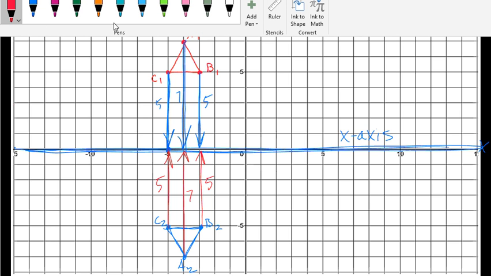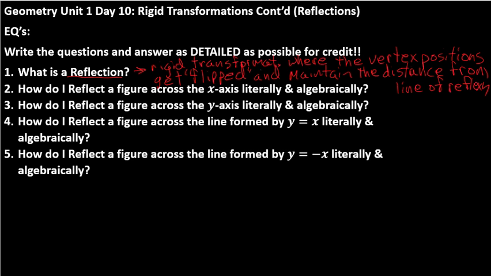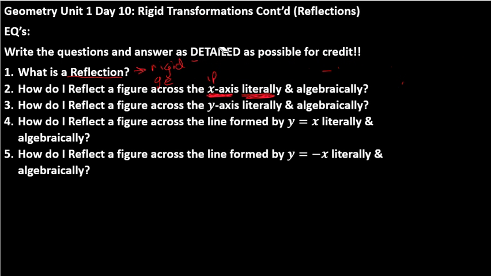So we just did a reflection across the x-axis. So literally, what did I do? How do I reflect across the x-axis? Literally, let me go ahead and erase a little bit, get this out of the way.